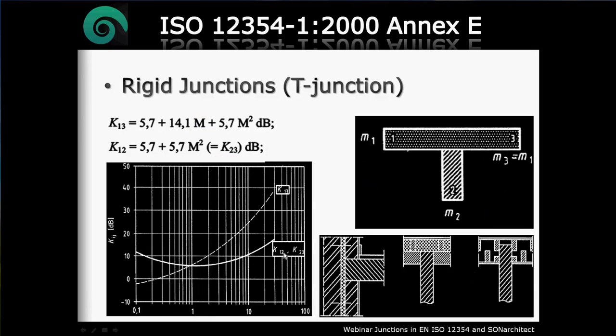But the behavior is more or less the same. We still have a K13 going from very low values for ratios below 1 to great values for higher ratios of masses.